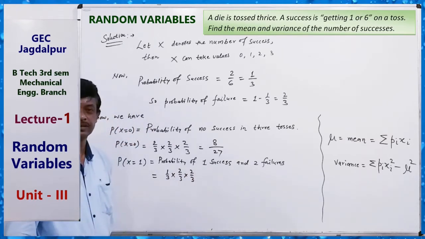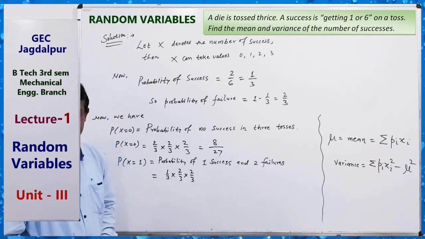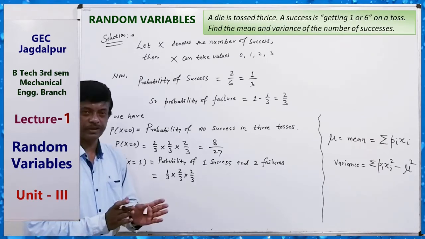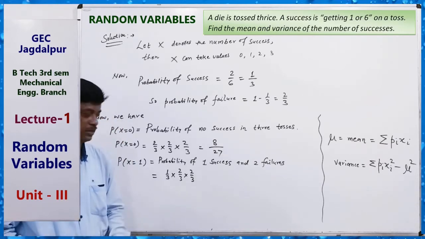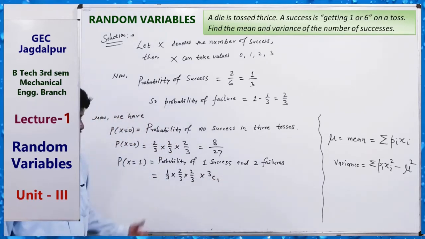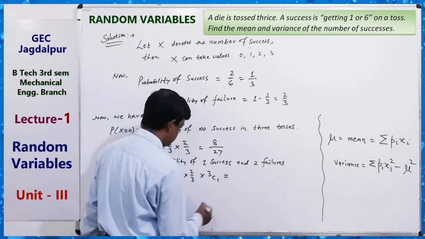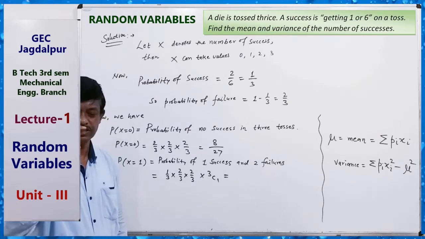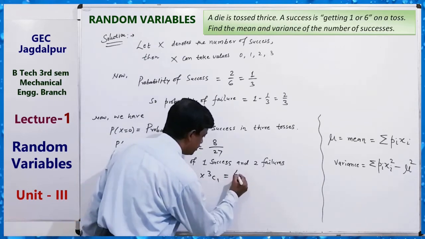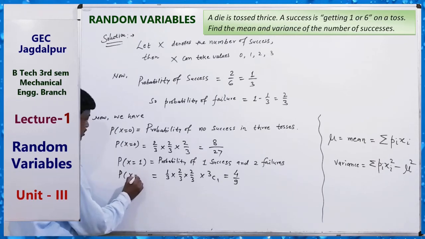Plus first failure, second success, third failure, and also first two failures, third success. That is three combinations, so we can combine them as 3C1. 3C1 is 3, so the 3 cancels, and we get 4 by 9. So P(x equals 1) is 4 by 9.